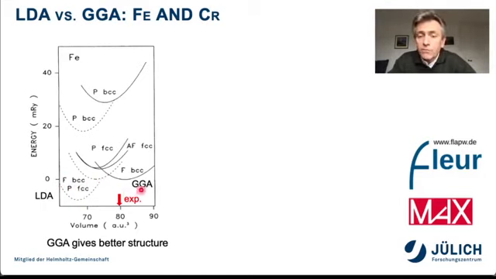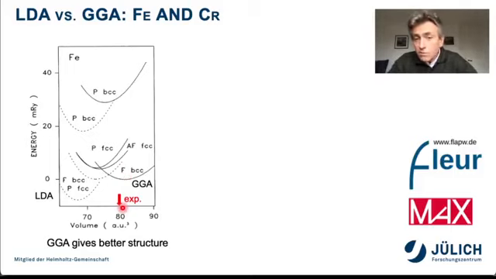If we compare this to the GGA result, we see that in GGA BCC was the ground state, and the FCC phases were actually higher. And also the ground state volume was quite close to the experimental one. So in this case, clearly GGA gives the better structure.